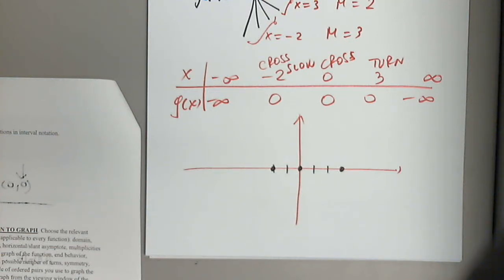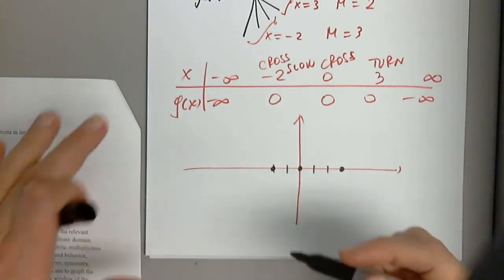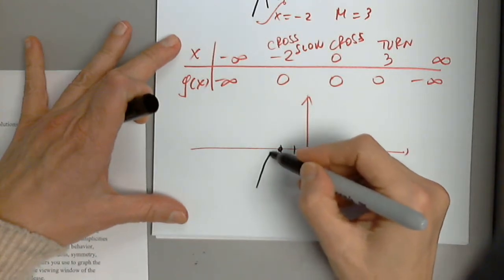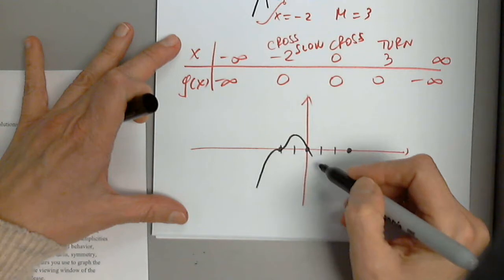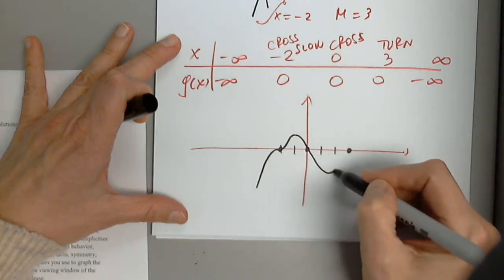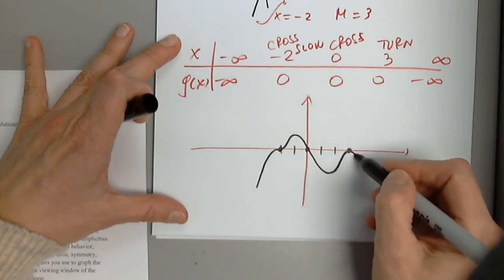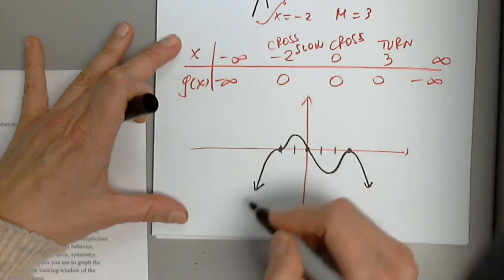One more time: from -infinity, a slow cross, up to a maximum, crossing, minimum, turn at 3, and down to -infinity.